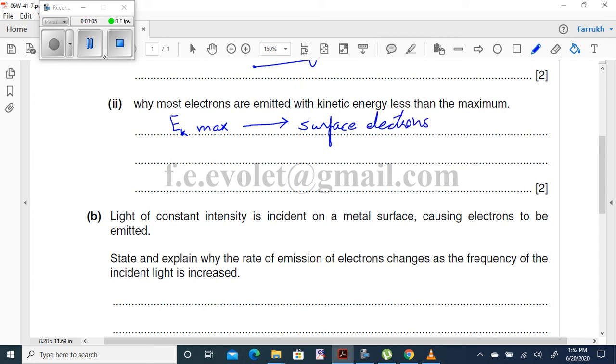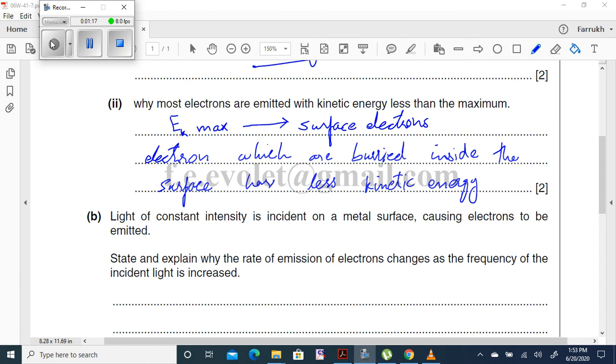But there are some electrons which are buried deep inside and they can be knocked out, but in doing so they lose some energy. So the electrons buried deep inside are emitted with less kinetic energy. They need more energy to come out, so they retain less kinetic energy.